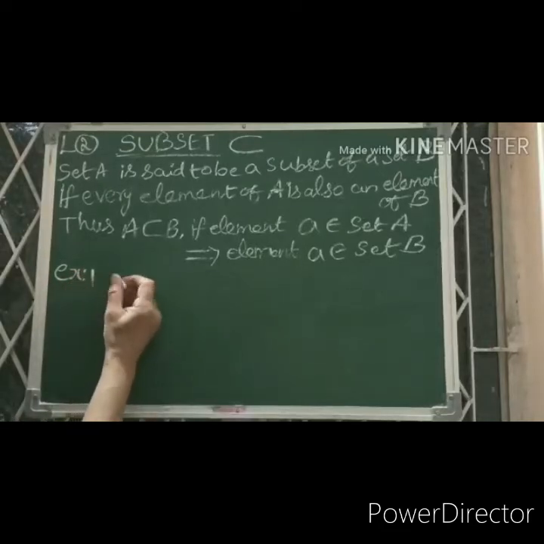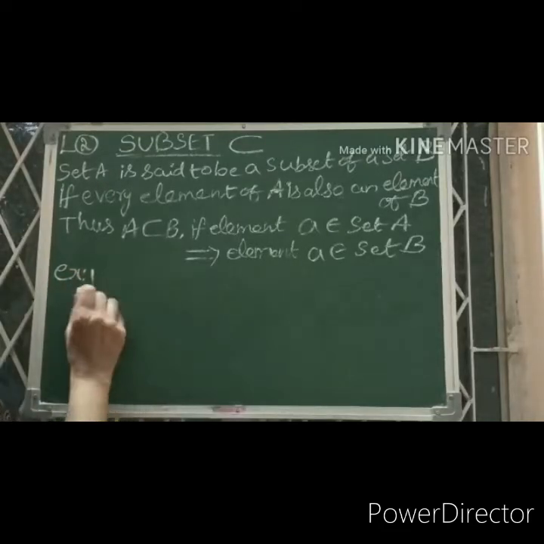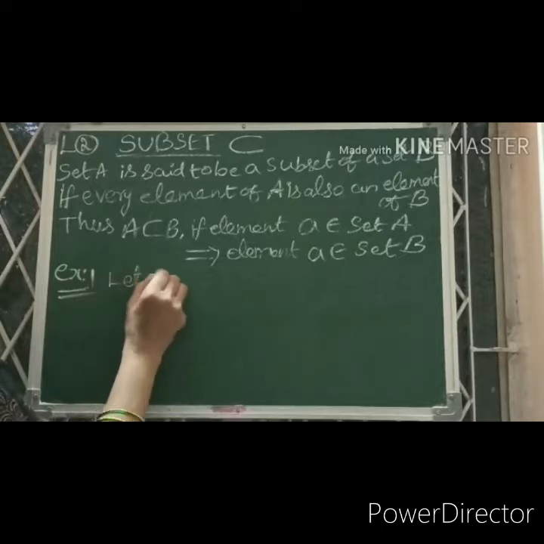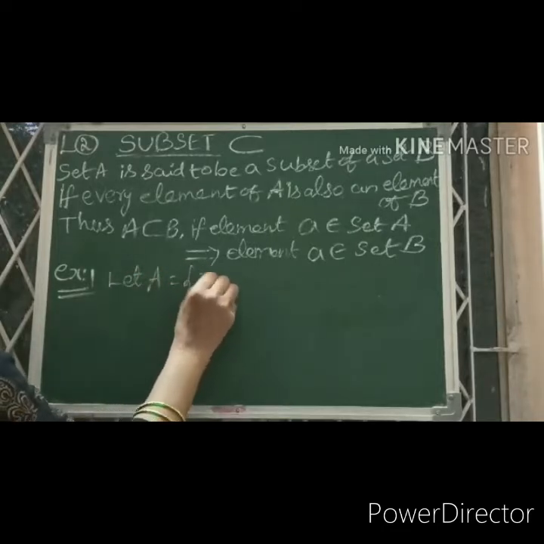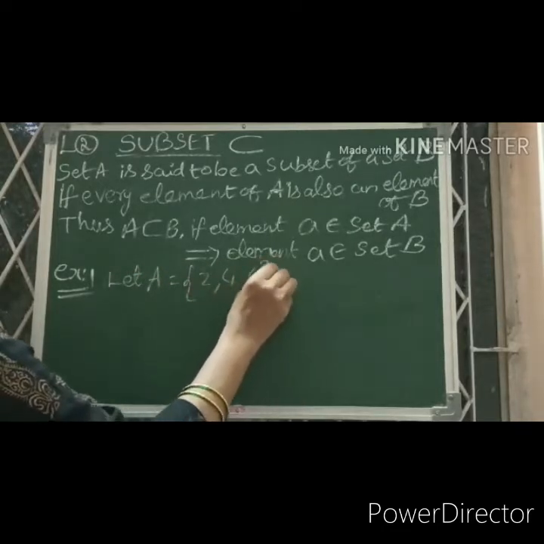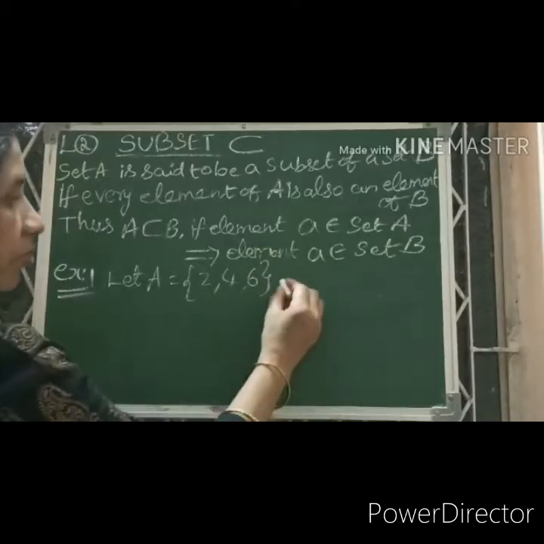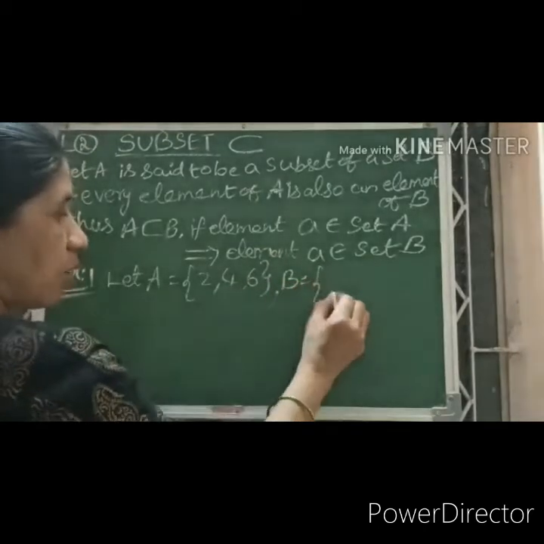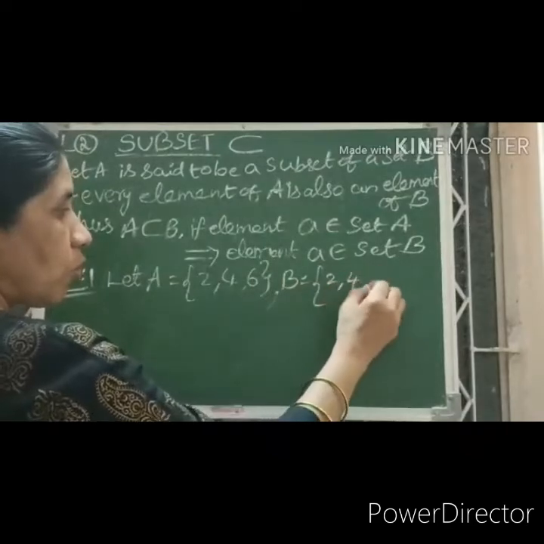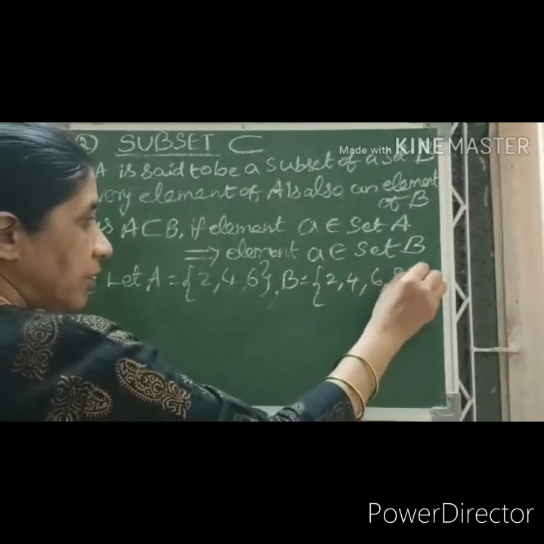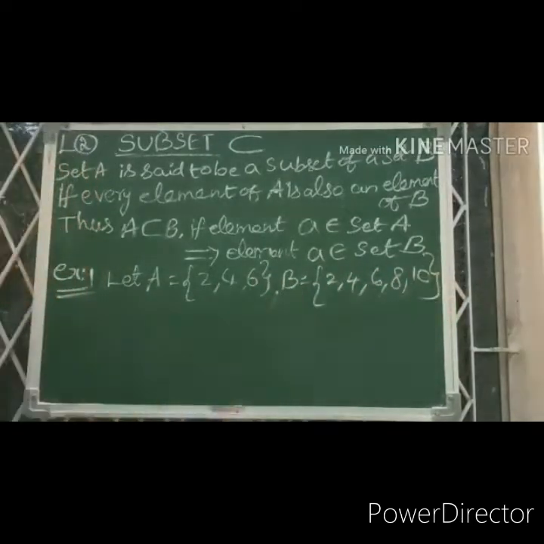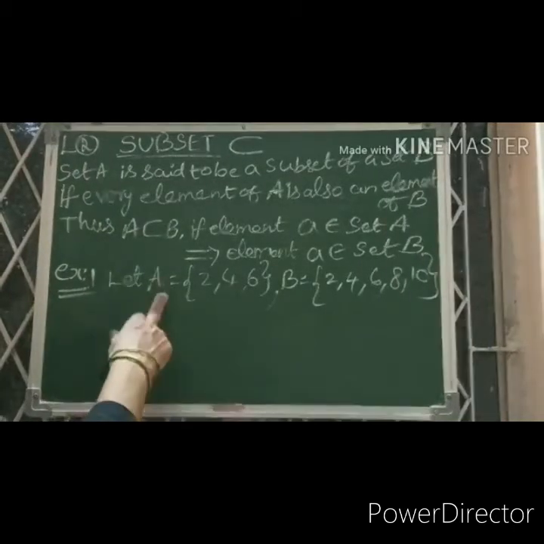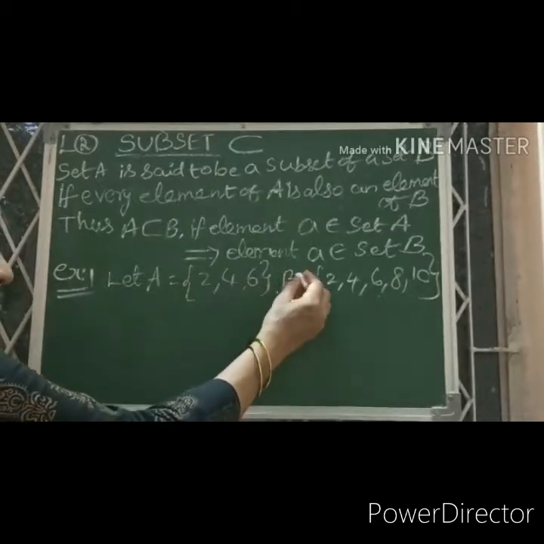Example 1. Let set A be equal to {2, 4, 6}. Set B is equal to {2, 4, 6, 8, 10}. Can we say set A is a subset of B?